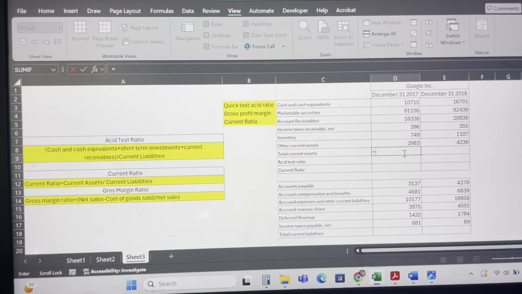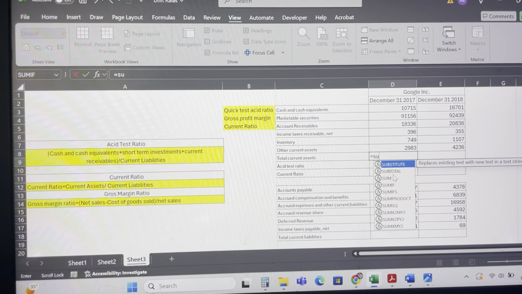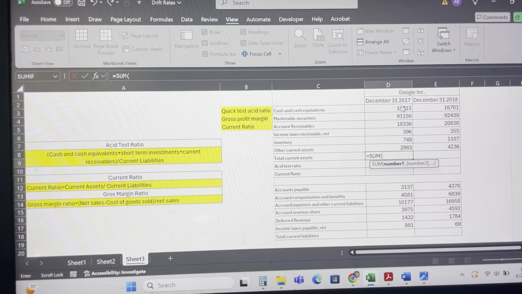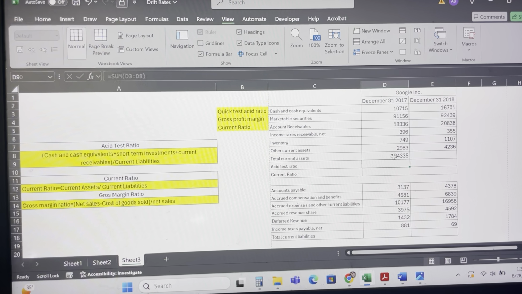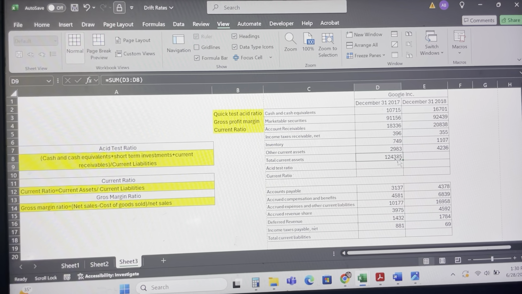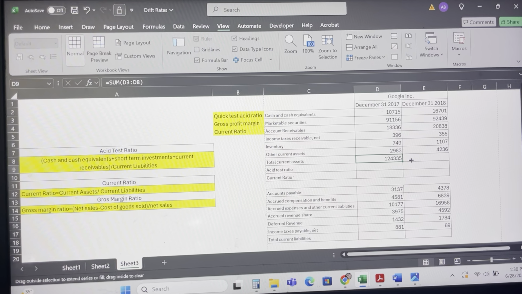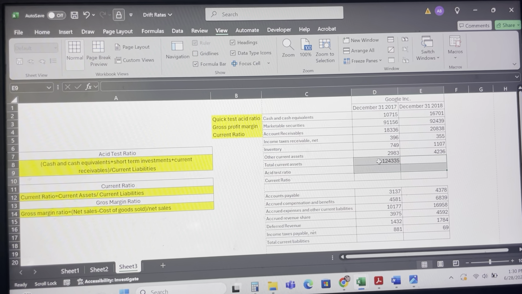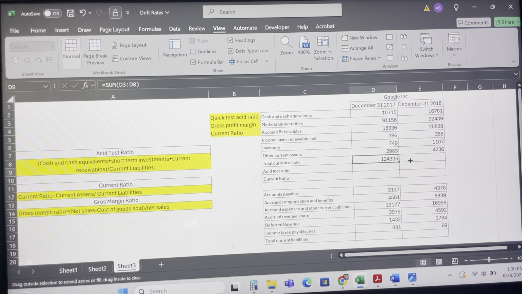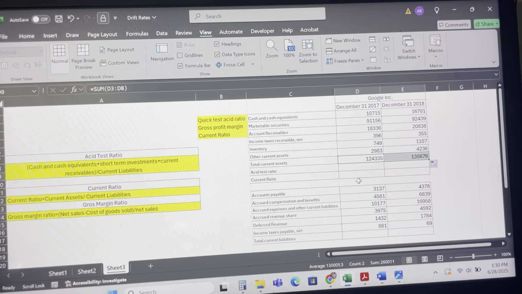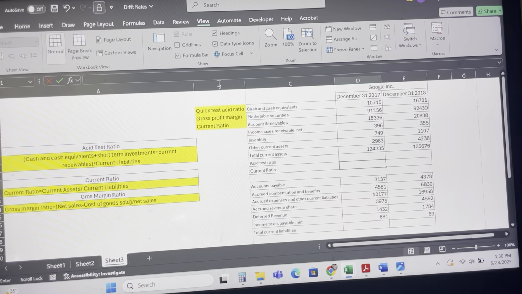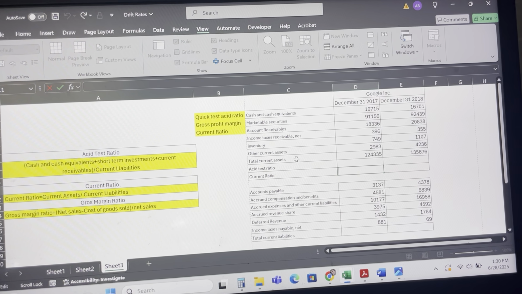And for that, we only need to sum all of those current assets. And then we can take that over there. There you go. Okay, so now we can know the current ratio.